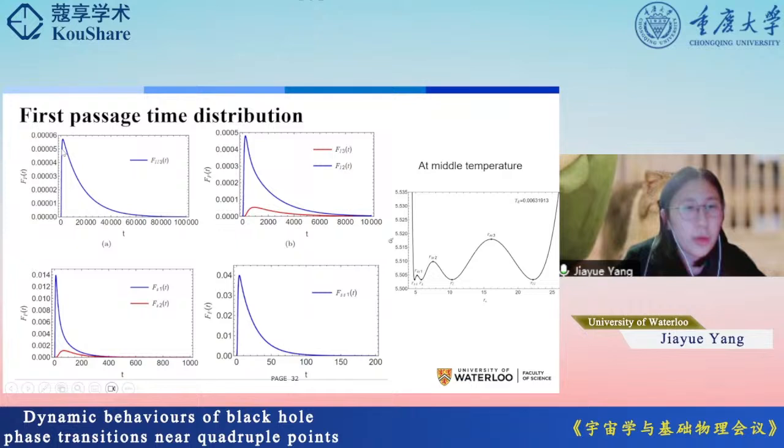So this means that for the highest temperature case, the first passage time for the largest black hole is the highest one. This means that for the largest black hole at high temperature, it is harder to cross this barrier, and for the low one, it is easier.